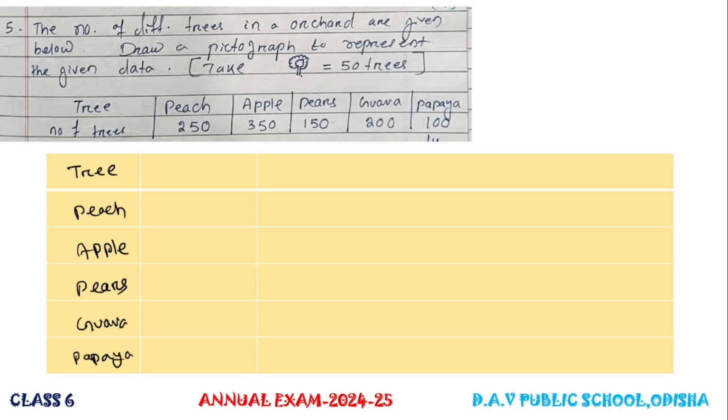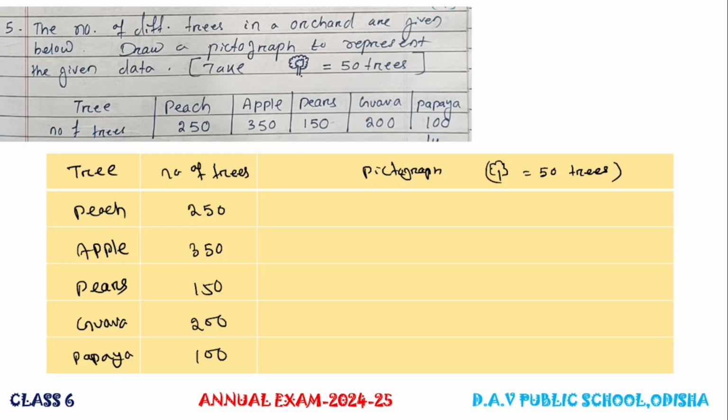Now write down number of trees: 250 first, then 350, then 150, 200 and 100. So here we draw the pictograph. Also write down 1 tree equals 50 trees.